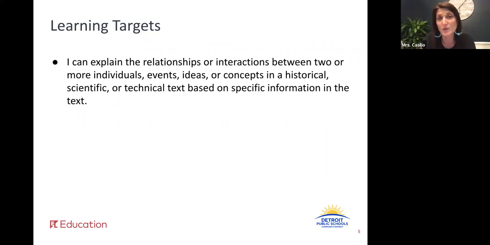Explaining you can do verbally or you can write, but you're going to explain the relationships or interactions between two or more individuals, which just means people, events, ideas, or concepts in a variety of genres. And you're going to base it on specific information in the text. So as always, we are grounding our work in evidence from our text.